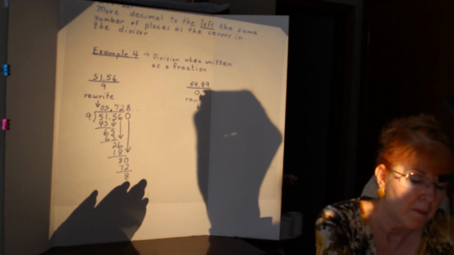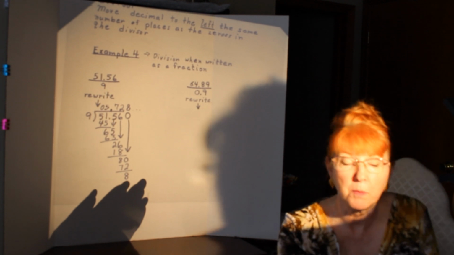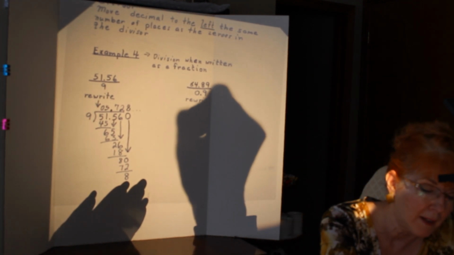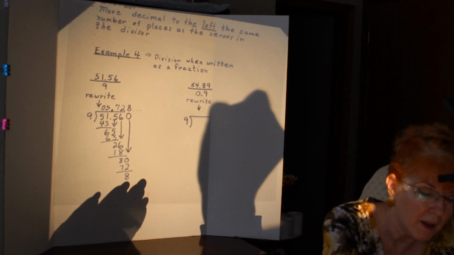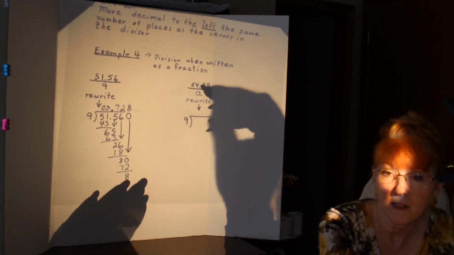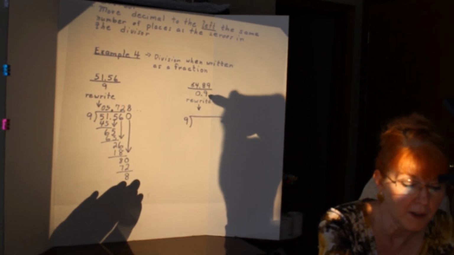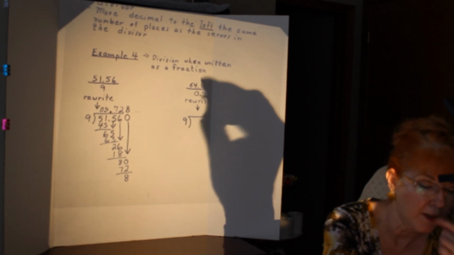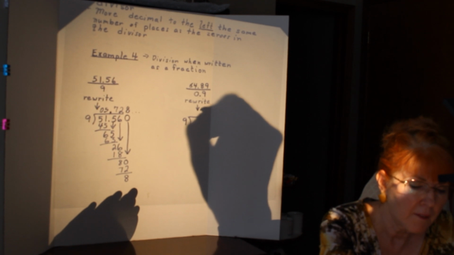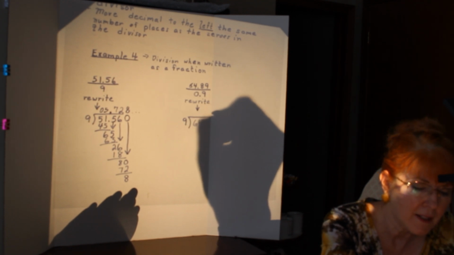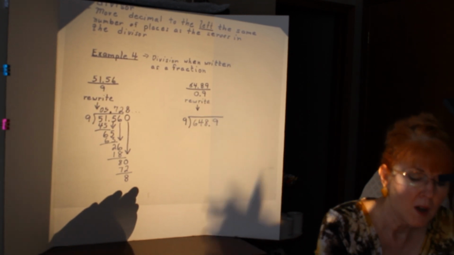My divisor can't have a decimal in it, so I have to go with 9. I've already shifted here to get 9, so I have to shift my dividend too. So 6, 4, 8, decimal 9.